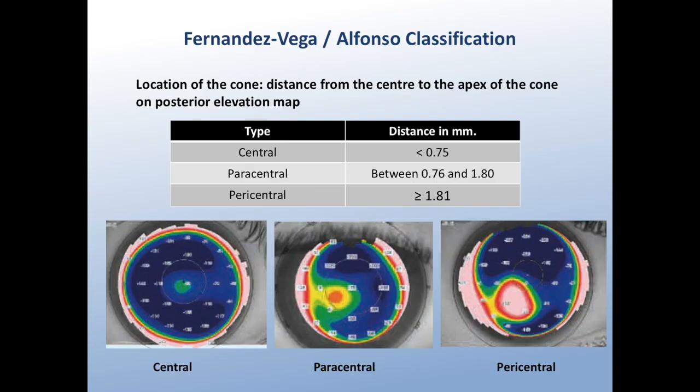The first parameter to be determined is where the cone is, measuring the distance from the center to the apex of the cone on the posterior altimetric topography. It may be in a central, paracentral, or pericentral position, depending on whether it is less than 0.75, between 0.76 and 1.80, or more than 1.81 millimeters from the center.